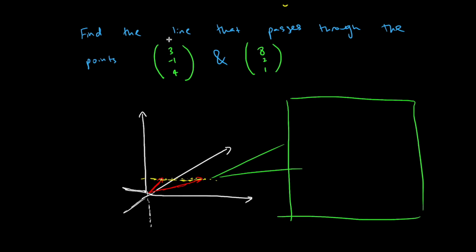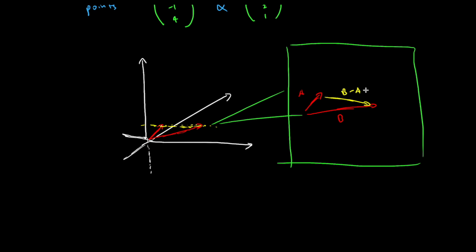First, I'll just call this A. I'll call this B. So we have this vector A, this vector B. We could treat this as a vector for now, B minus A. We want this B minus A. So to get from the origin to this point right here, we need to add A. We have A plus this vector B minus A. So t times (B minus A) should give us this line.